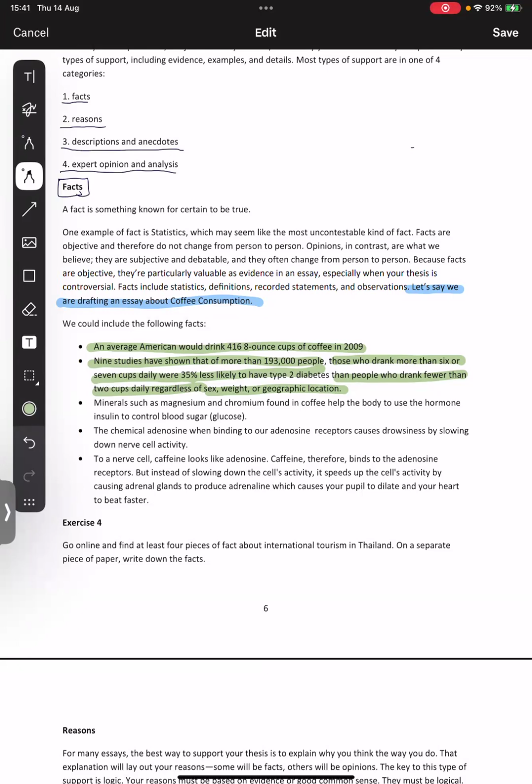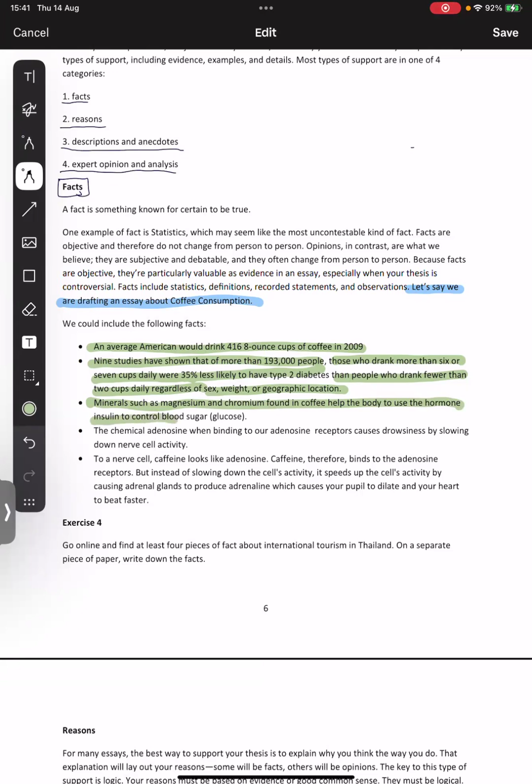This study says if you drink more than 6 or 7 cups every day, your risk of developing type 2 diabetes will drop by 35%. And this will apply to anyone. It doesn't matter if they're male or female, how much they weigh, or where they are. Quite interesting, isn't it?